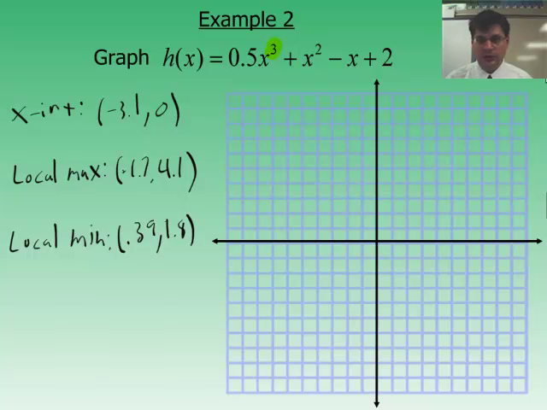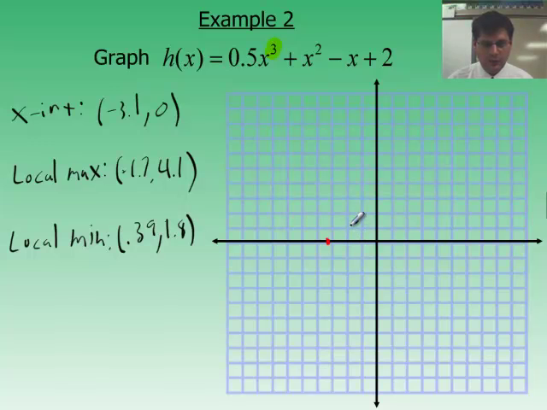And now we'll just plot these points. So let's see here, negative 3.1. That's just going to be just a shade to the left of negative 3. I'll put that about here. And the local max at negative 1.7, so just short of negative 2, just to the right of that.